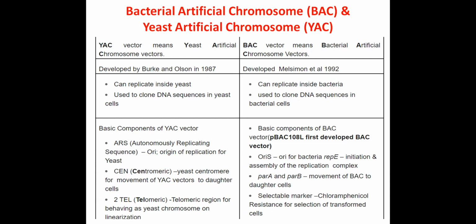Then BAC has the origin of replication from the bacteria. Then it has the genes ParA and ParB, which help in the segregation of BAC in the daughter cell.